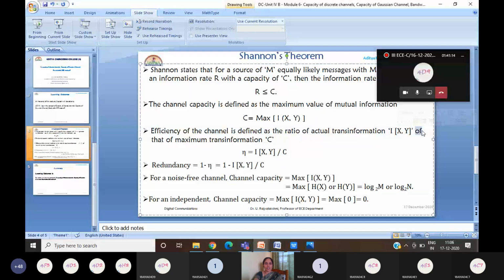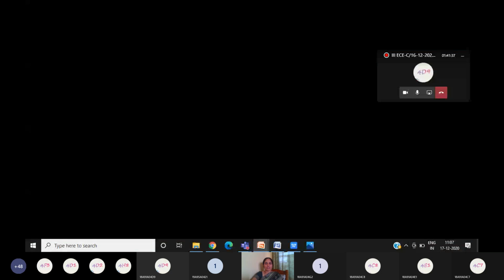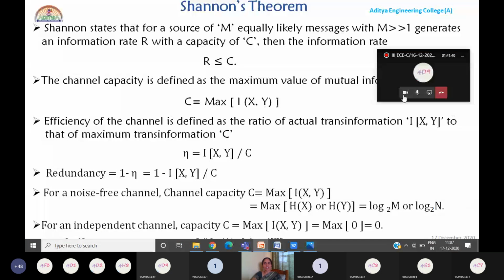So what is the efficiency? Efficiency of a channel is defined as the ratio of actual trans information, that is I of xy, the mutual information, to the maximum trans information.